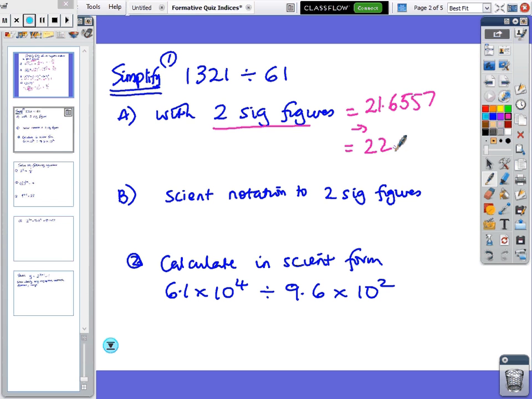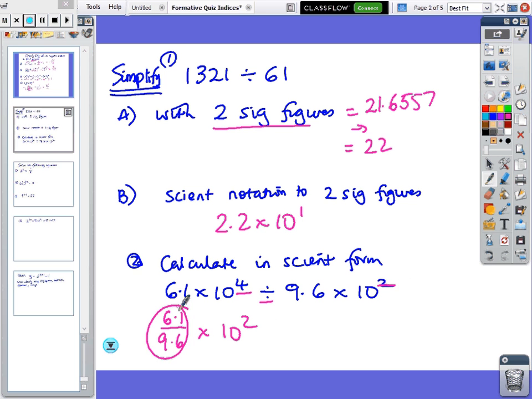Scientific notation. Simplify 13 with scientific notation to two significant figures. Okay, so the answer would just be 2.2 times 10 to the 1. That's scientific notation in scientific form. Okay, so we've got 6.1 divided by 9.6 times 10. 4 minus 2 is 2.